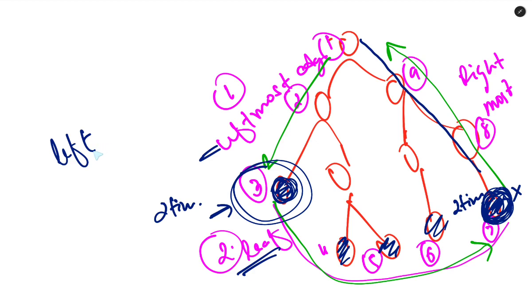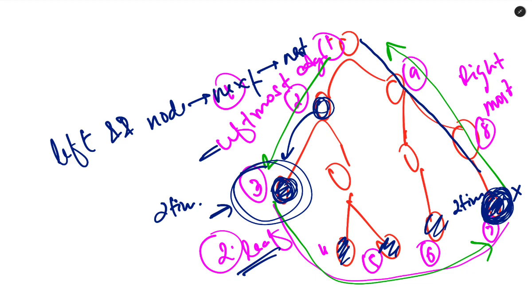But if it's not a leaf node, then make sure its next node is also a leaf node, or rather, I had to say that your node's next is also a leaf node.